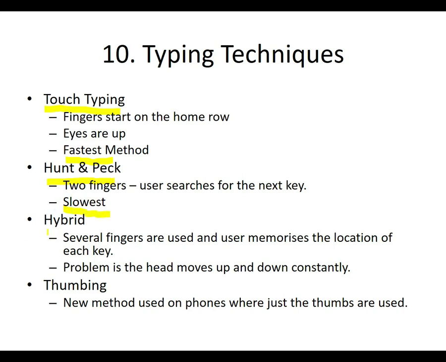Then we've got a hybrid sort of method, which is a little bit of a combination of touch typing and hunt and peck. This is where several fingers are used. The user sort of memorizes the location of each key, but the problem is that the head moves up and down from the screen to the keyboard as you're looking at the screen and then searching for the next key, and you sort of get to know the keyboard.